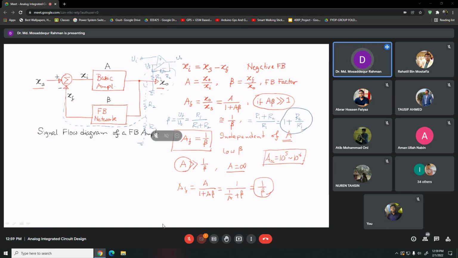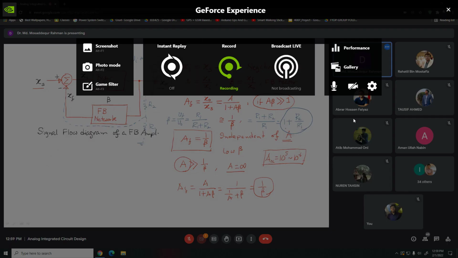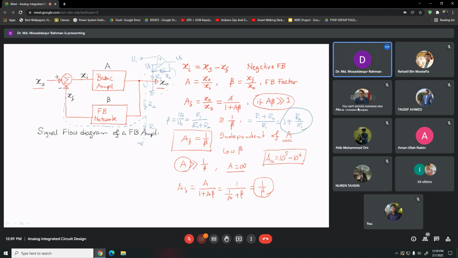So we know that is the gain of the op-amp non-inverting amplifier configuration, 1 plus R2 by R1. That is what we get when we apply the feedback theory: the gain is 1 over beta, and beta is the feedback factor. So you see, the feedback factor is determined only by the resistance values.